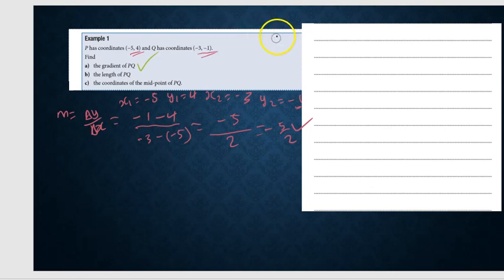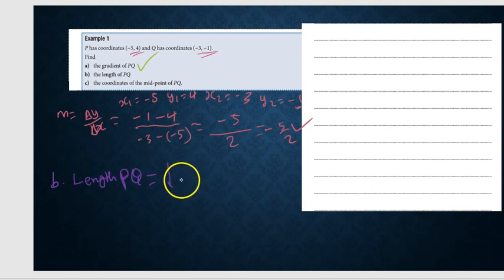Okay, so now let's look at the second one, the length PQ. We want to find the length PQ. The length PQ is nothing but the square root.